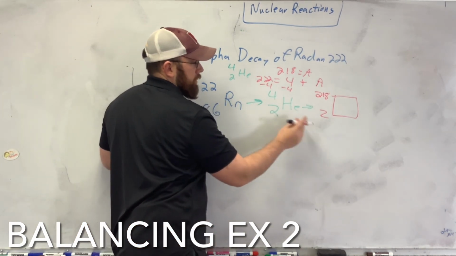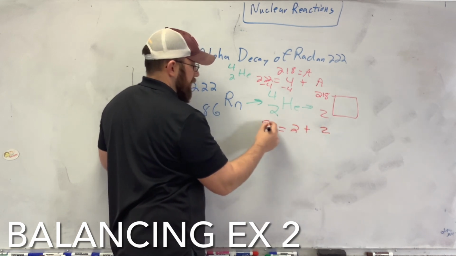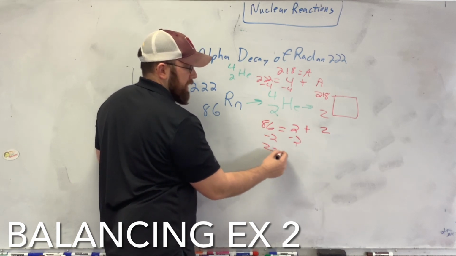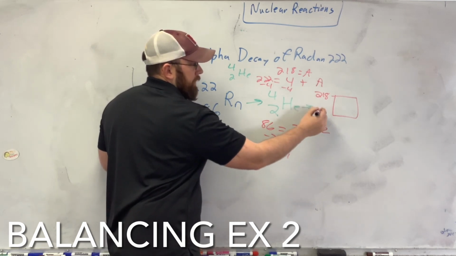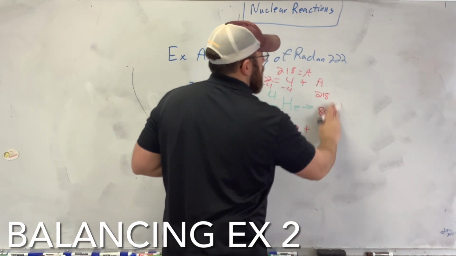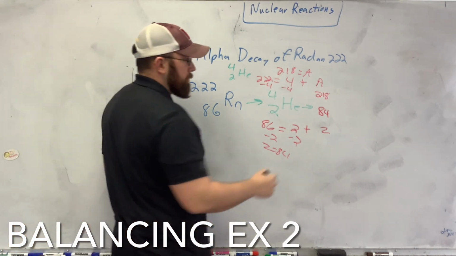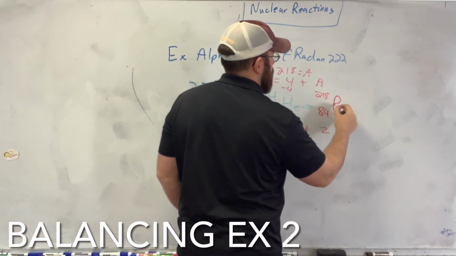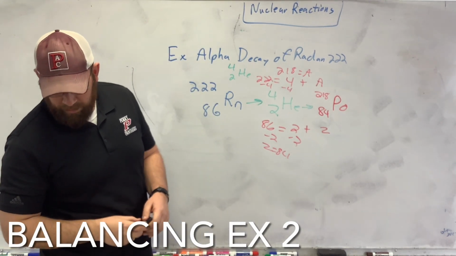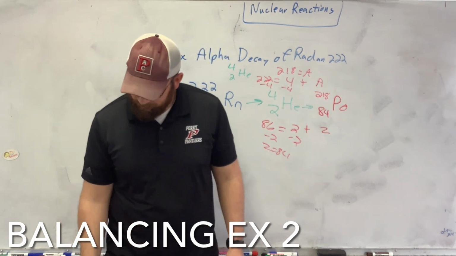Now let's start down here at the bottom. So Z plus 2 is going to equal 86. Subtract 2 from both sides. Z equals 84. So we look at our periodic table and we figure out what's 84, and that's, I really need to get better at pronouncing names, polonium, like colonium, but with a P. Polonium.